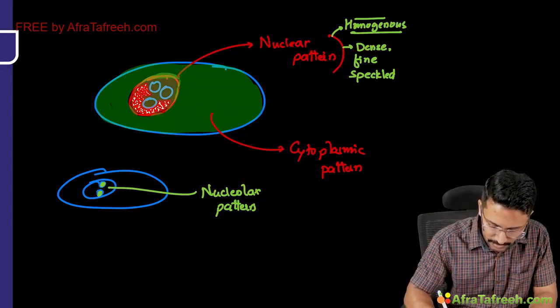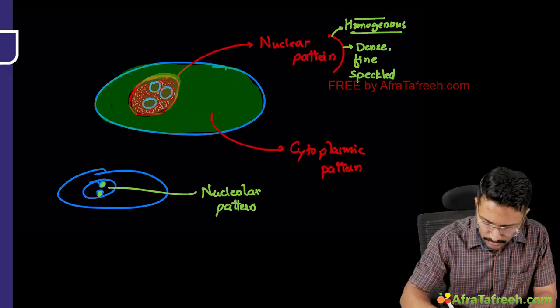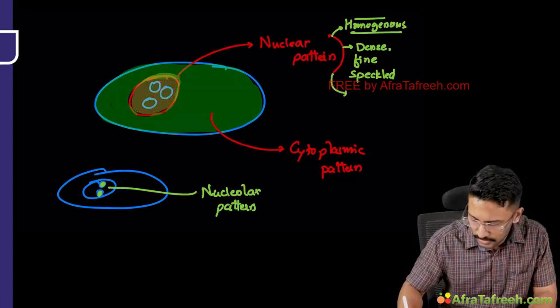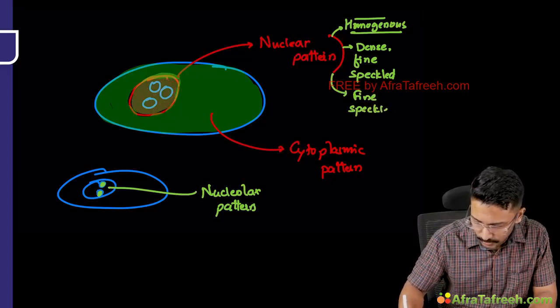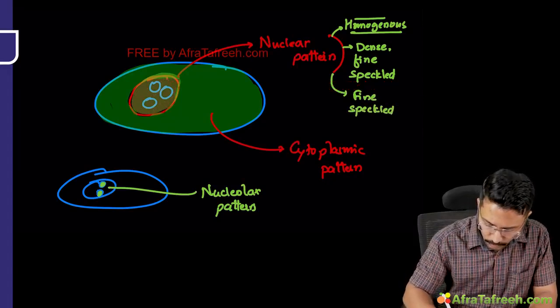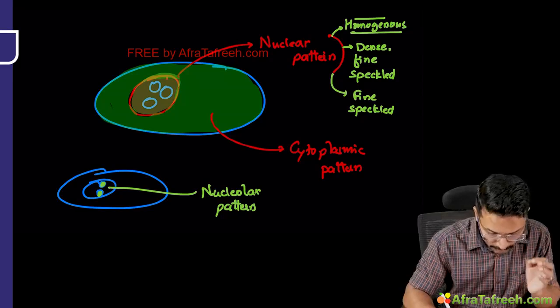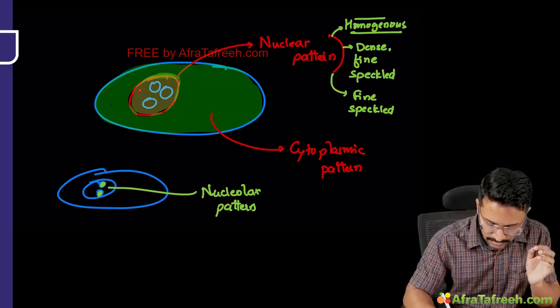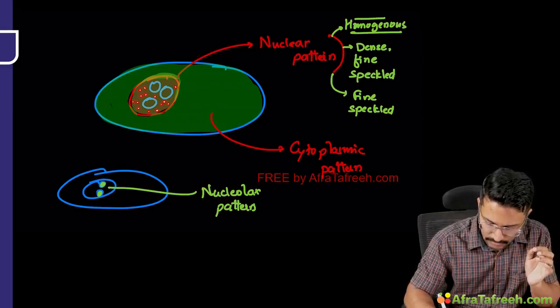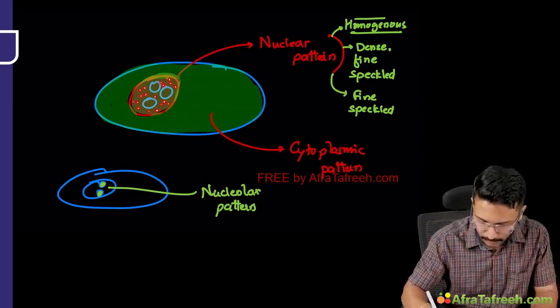So densely packed fine speckles. It is called dense fine speckled. Okay. Then we also have one more pattern called just fine speckled. So in fine speckled, we have immunofluorescent speckling, which is very fine, not coarse or large, but it is a little sparsely distributed, not as dense as we saw in the dense fine speckled. Okay, that is third pattern.